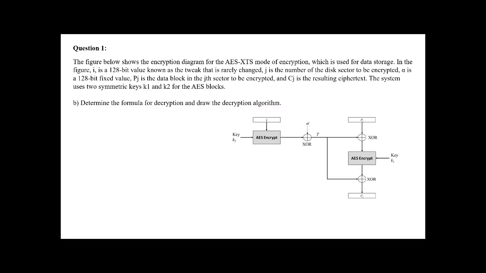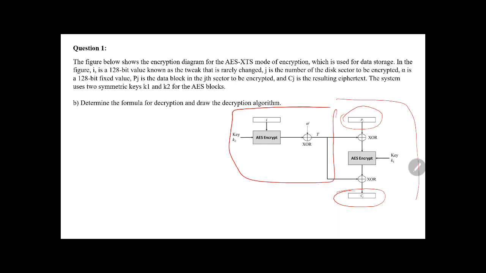So the second part of the same question says determine the formula for decryption and draw the decryption algorithm. So what would we want to do here in order to decrypt? So if you want to decrypt, it means that we have the cipher here and we want to reach the plain text. So I will break this down again into two sub-blocks. So it will be this one and this one.